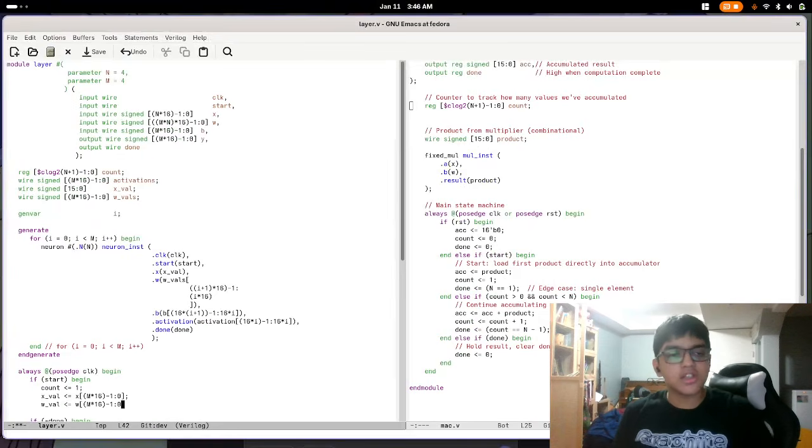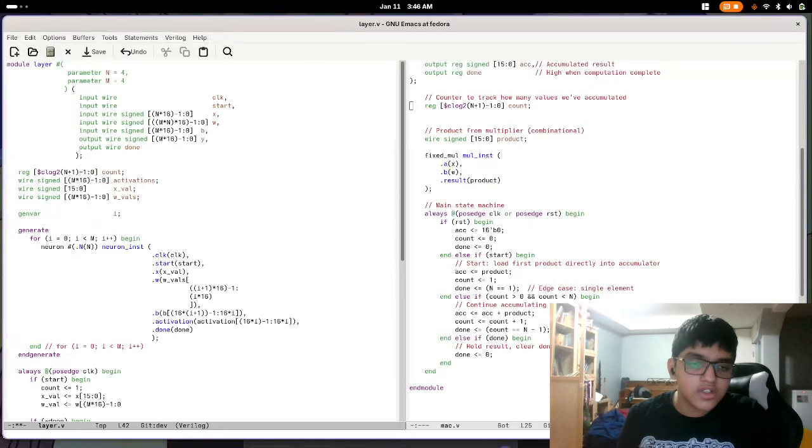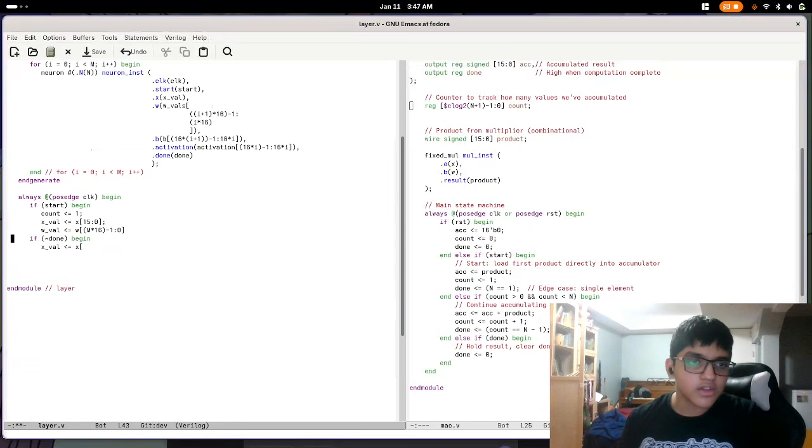Yeah, so that'd be just 15 to 0. And then weight would be that. And B, the bias, is already set. And I think that's the only thing we have to do.